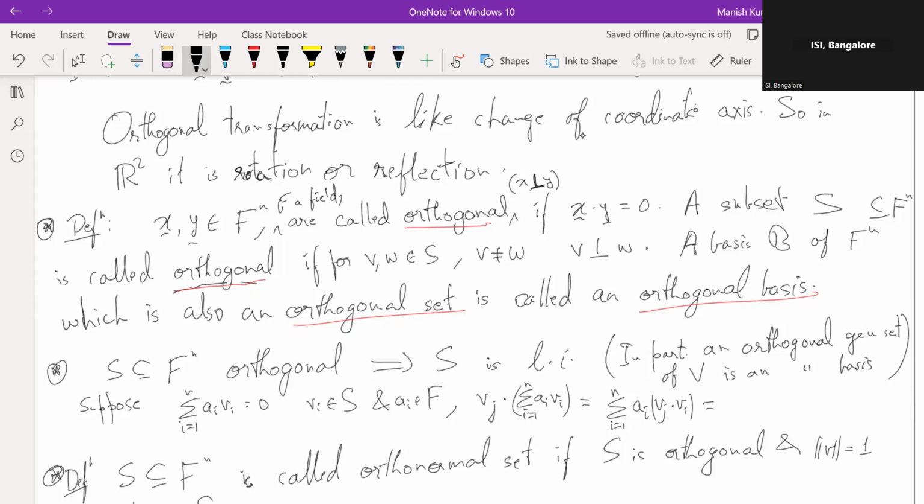So this is aj vj dot vj. And I don't want an orthogonal set to contain 0, so S is a subset of non-zero elements.